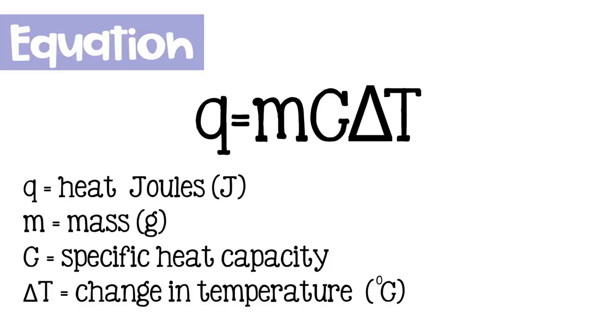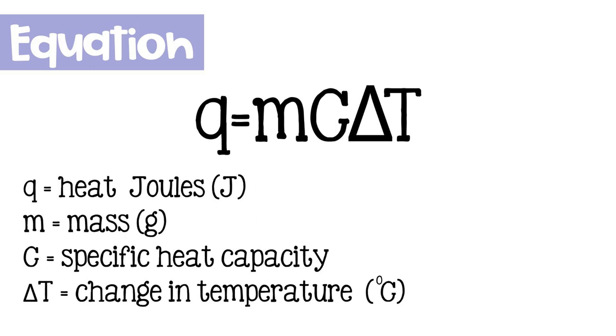To calculate the heat added to a substance, we use the equation Q equals mc delta T, where Q is the heat in joules, m is the mass in grams, c is the specific heat capacity of the substance, and delta T is the change in temperature in degrees Celsius.